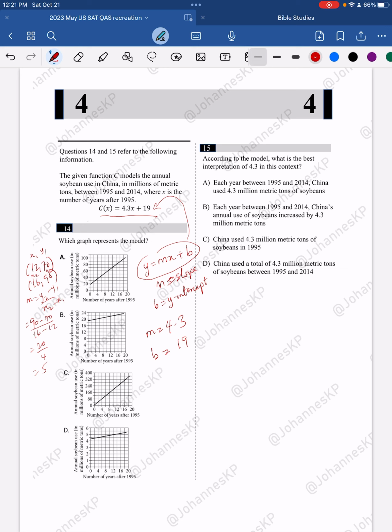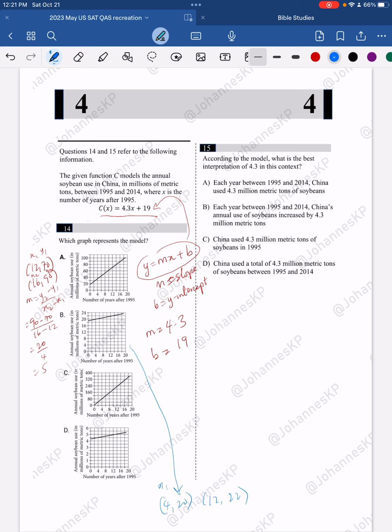Now let's look at the other graph, option B. We have the points 4, 20 and 12, 22.